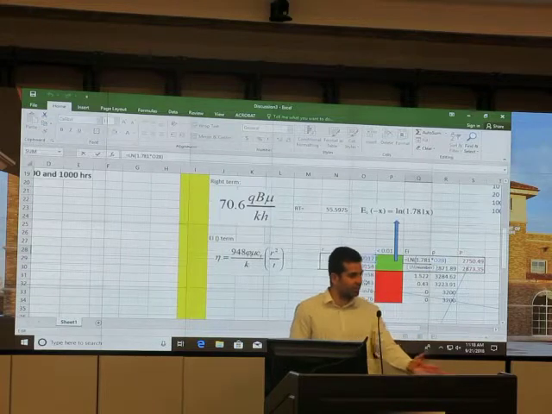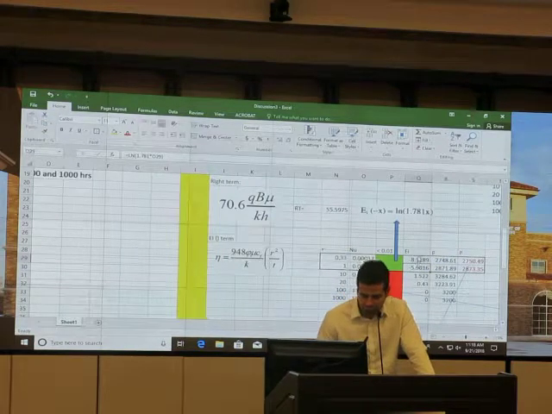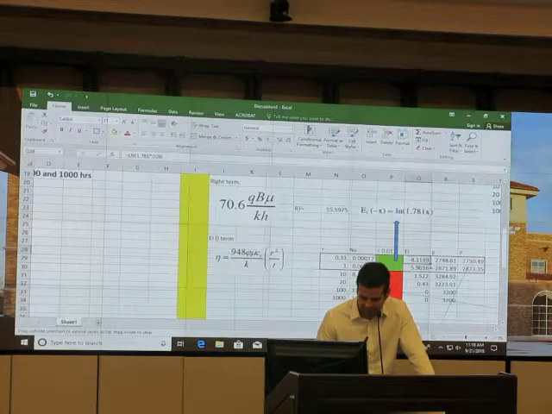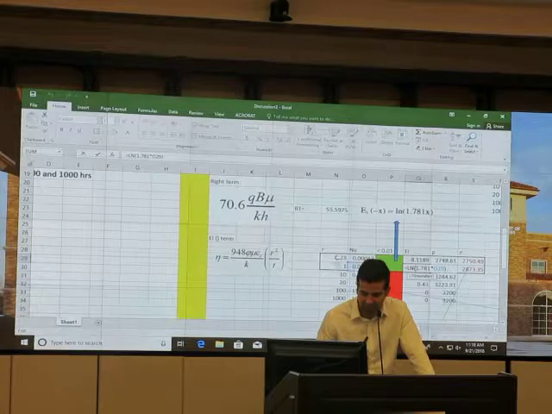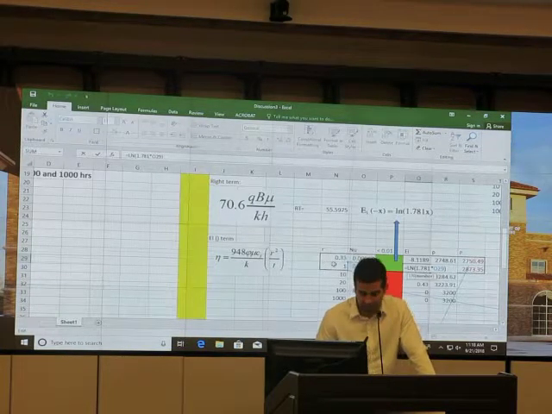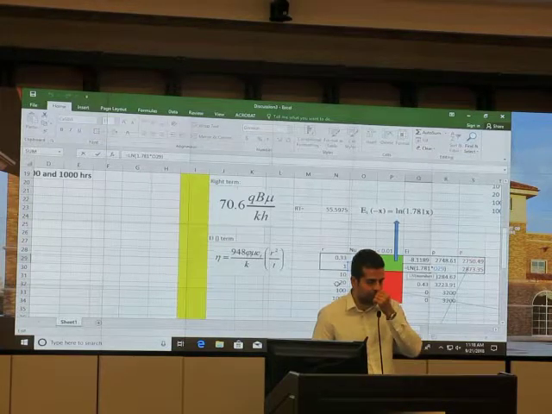Is it clear? So you use this great feature of Excel and do it. It's going to take care of the other radii which resulted in mu less than 0.01.